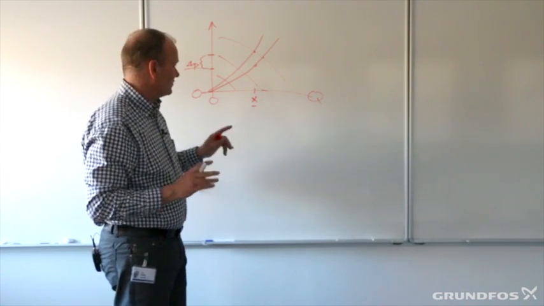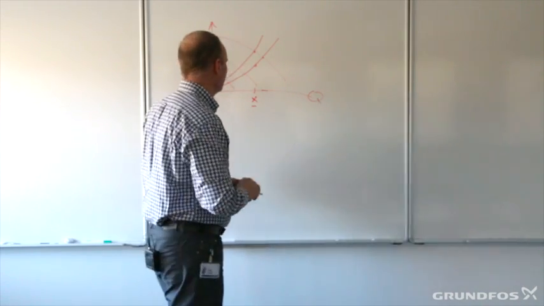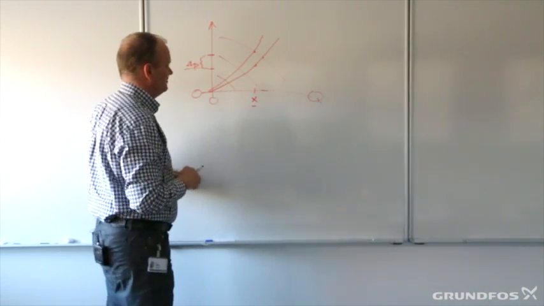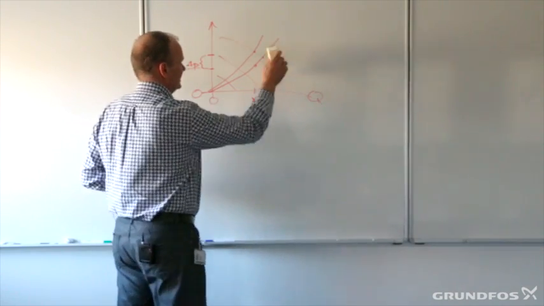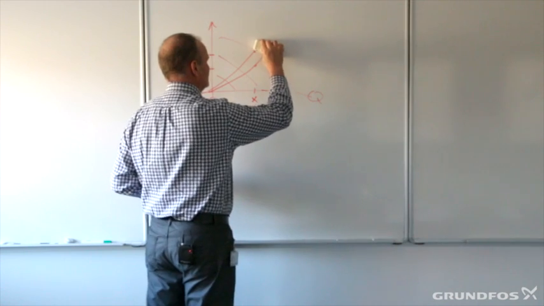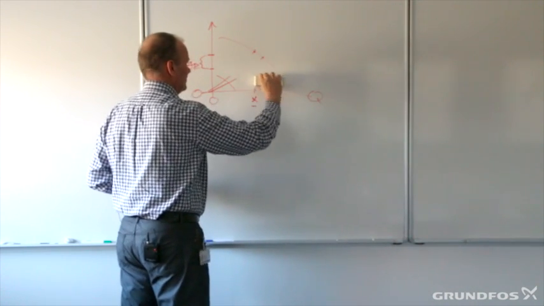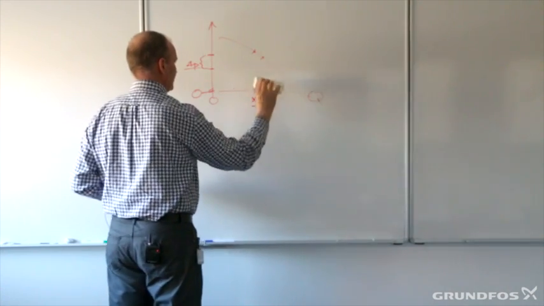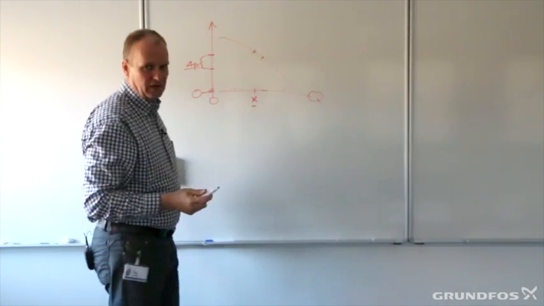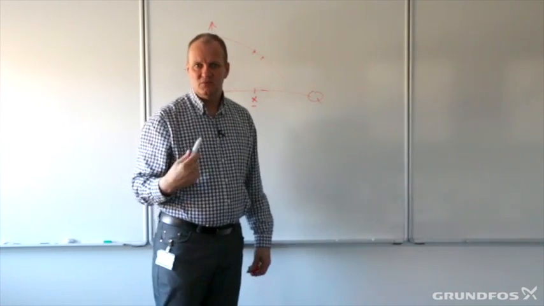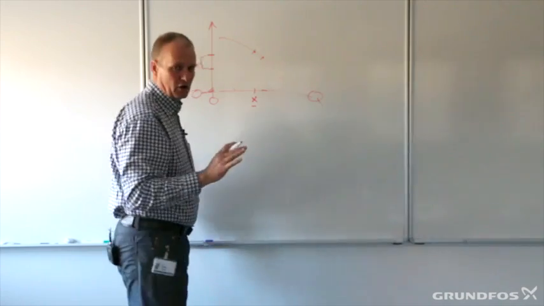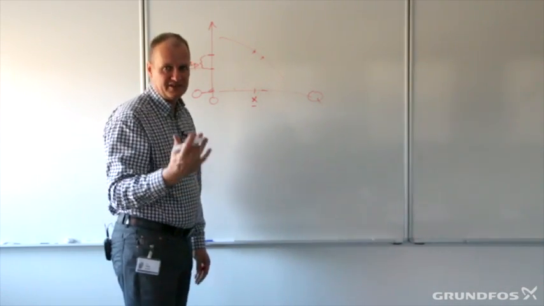So here we increase the system characteristic and secure that we have the same amount of flow. It's doable, but we have a third option, which I think is better. And that is also due to the fact that we now have our Magna pumps with speed control and with a permanent magnet motor with very low energy consumption in general.